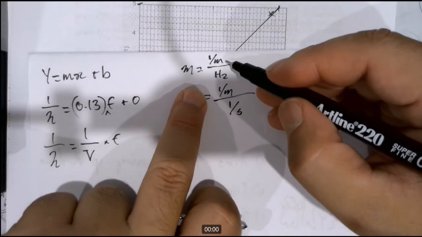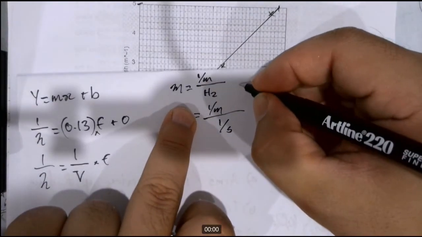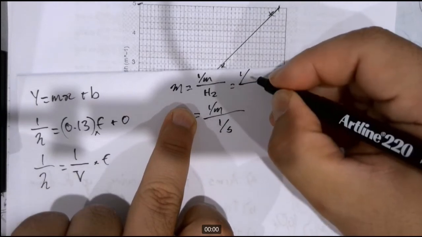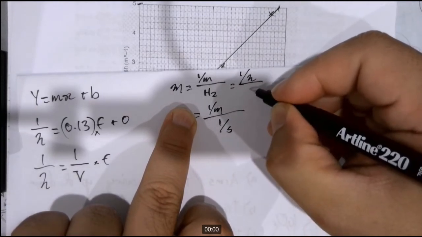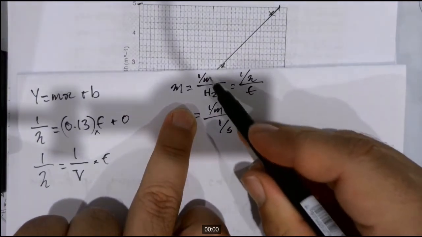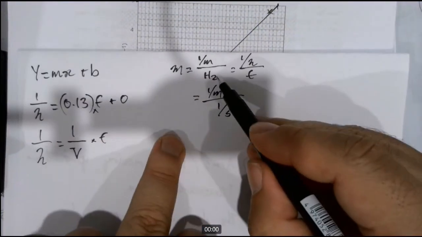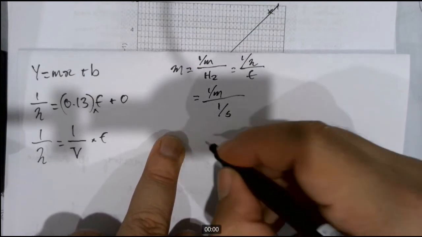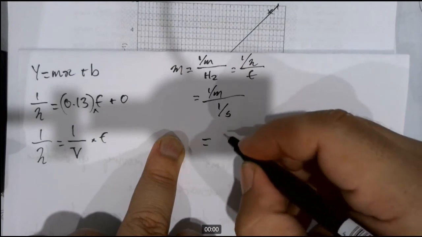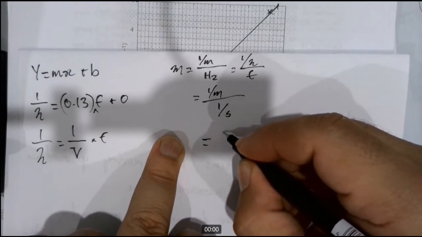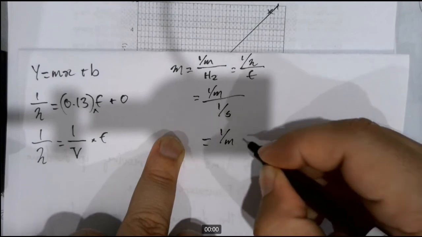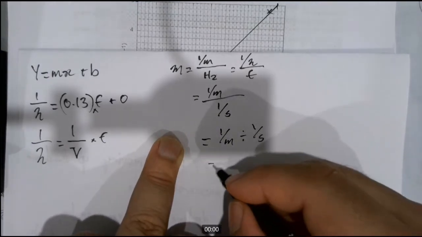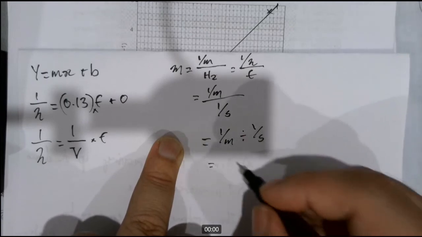But let's have a look at the units on the slope. We know on the y-axis we have 1 over wavelength, and we know that on the x-axis we have frequency. These are the units. We know that frequency, hertz, is inverse seconds, so we end up with this fraction. In order to make this work, this is like writing this divided by 1 over s, which can be simplified by flipping one of the fractions around.